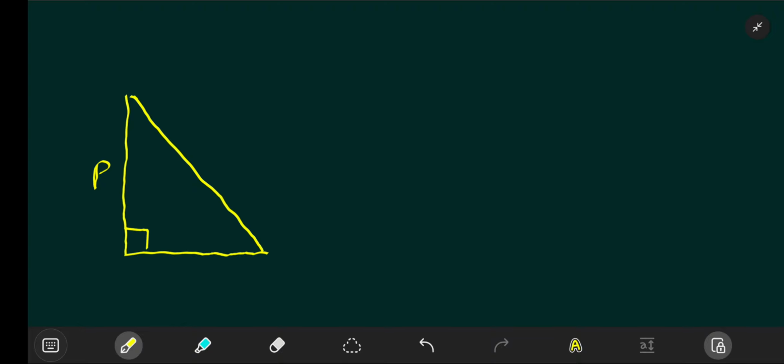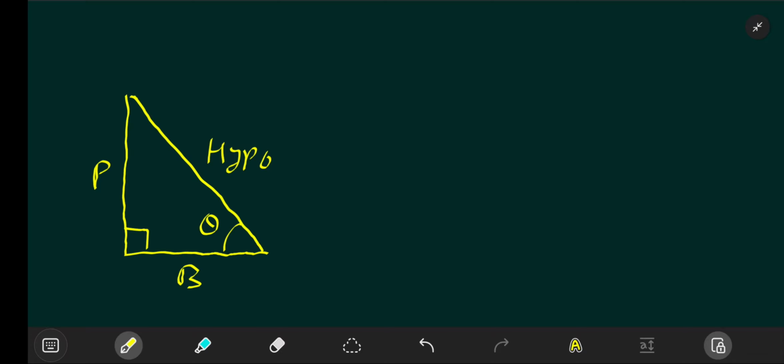Suppose this is the perpendicular side, this is the base, and this is the hypotenuse. And let this angle be theta.